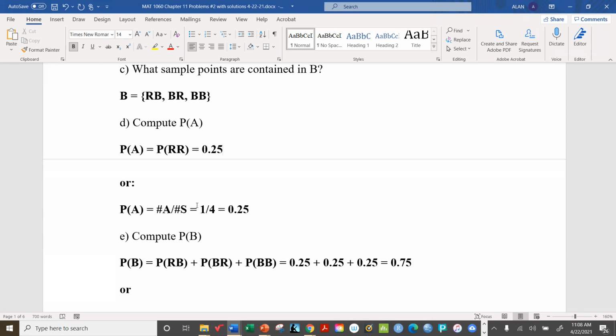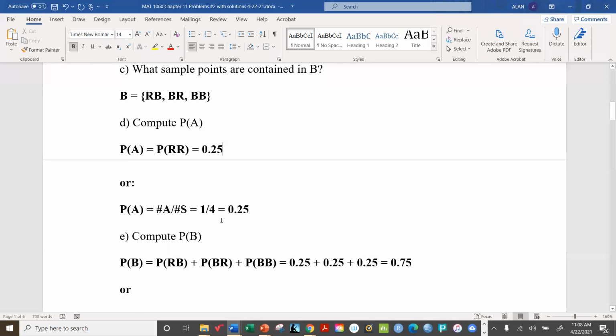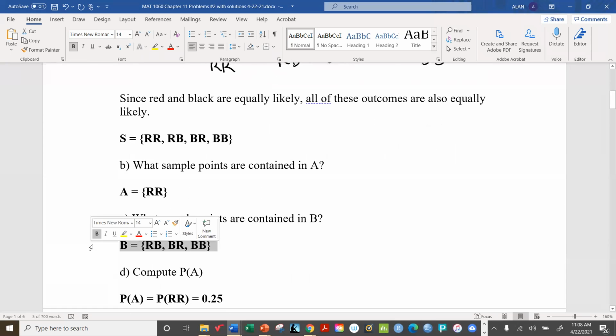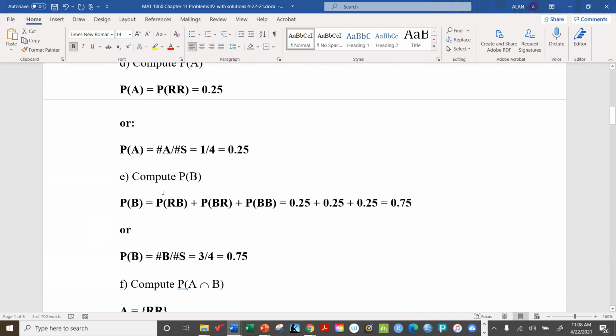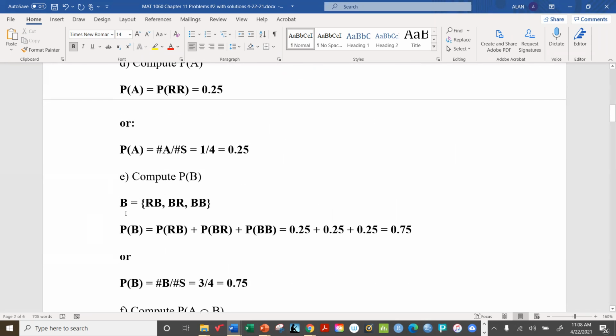All right, beautiful. Now in part E, we'll compute the probability of B. And if you recall, B contains the elements, let me go sneak that back in here. Here we go. Just as a quick reminder, B is these three elements.